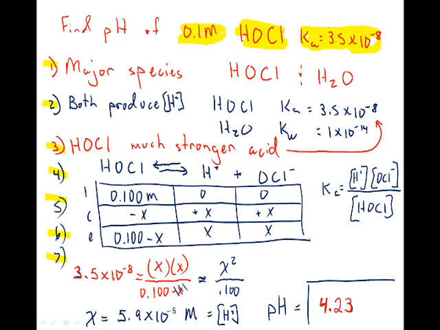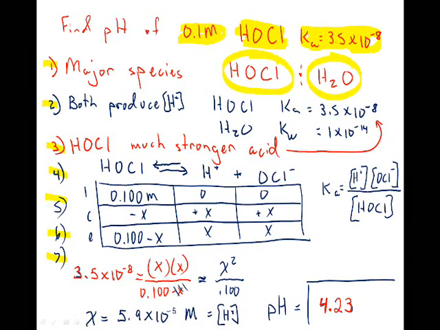And so the first thing we're going to do is look at the major species that are present. We might get hydrogen ions from the HOCl, and we might get hydrogen ions from water. Both of those things produce hydrogen ions, but which one is the stronger acid?